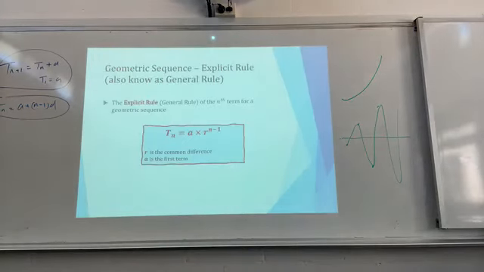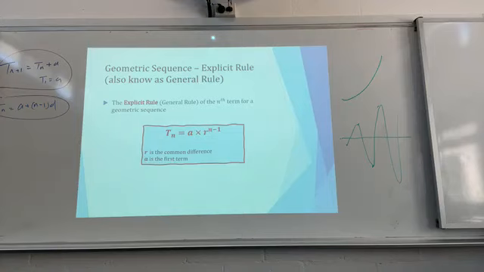So, the general rule or the explicit rule for the geometric sequence: Tn equals a times r to the power of n minus 1, where r is the common ratio and a is the first term. Now the recursive rule: Tn plus 1 equals r times Tn, T1 equals a.